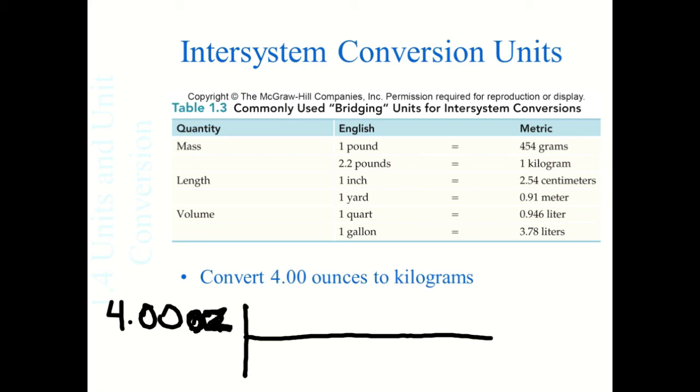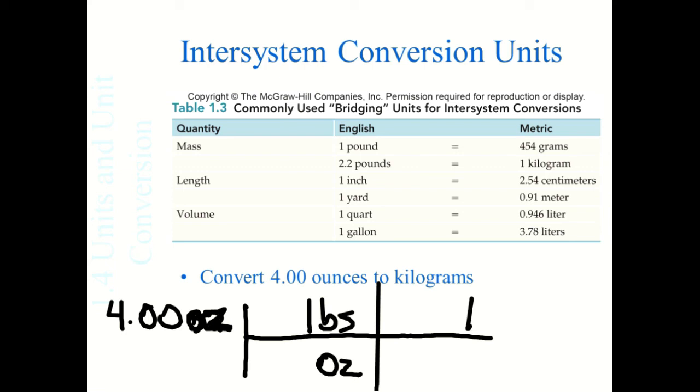They didn't even give it to me. So what do we know ounces convert to? 16 ounces in a pound. So let's go to pounds. Because from a pound, I can go to kilograms. So we're going to go to pounds from ounces.